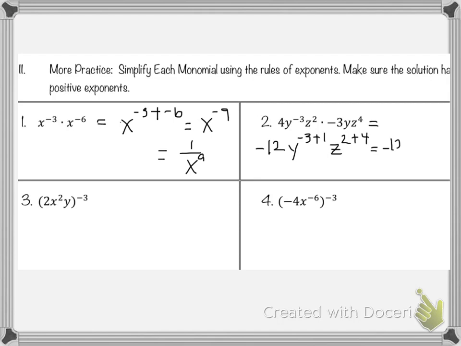So I'm going to have negative 12, y to the negative 2, z to the 6th power. The only thing that needs to move to become a positive is that y to the negative 2. So this y to the negative 2 is going to move to the denominator. So I'm going to have negative 12, z to the 6th over y squared.